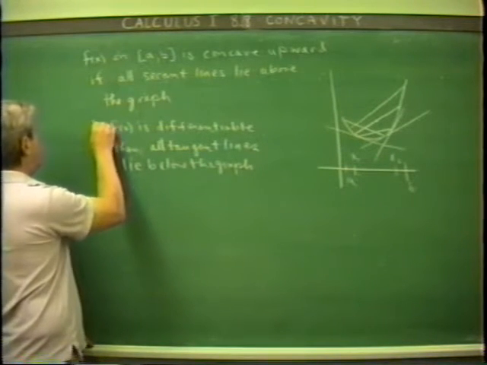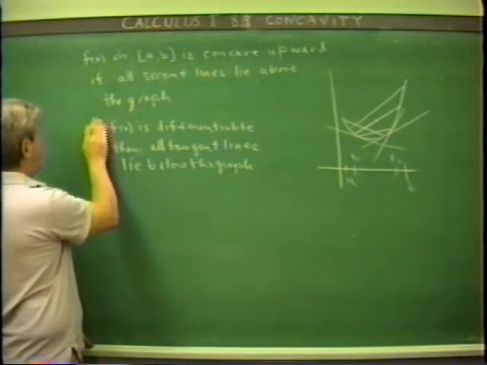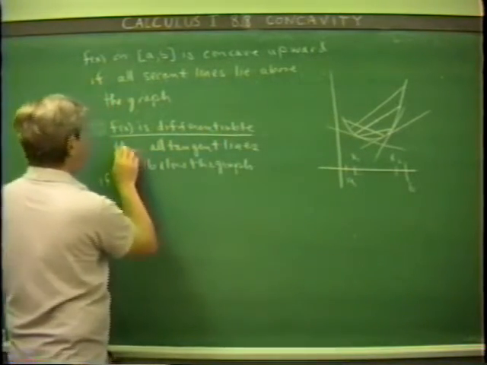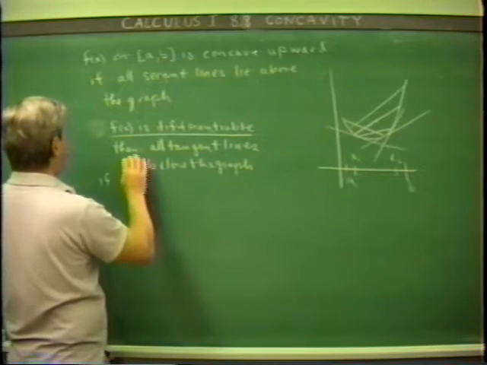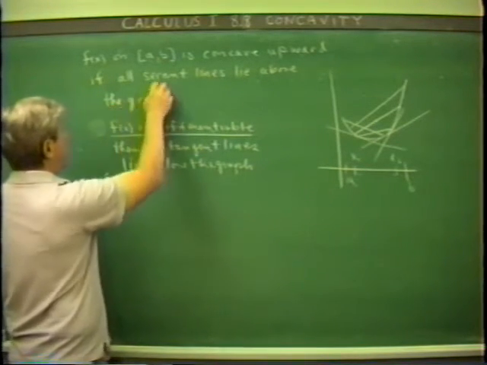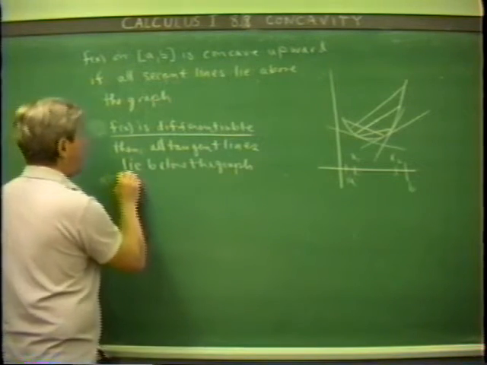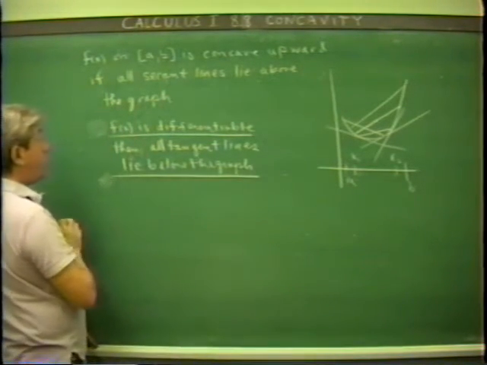And this also holds true if and only if. If f is differentiable, then the tangent lines lie below the graph if and only if the secant lines lie above.